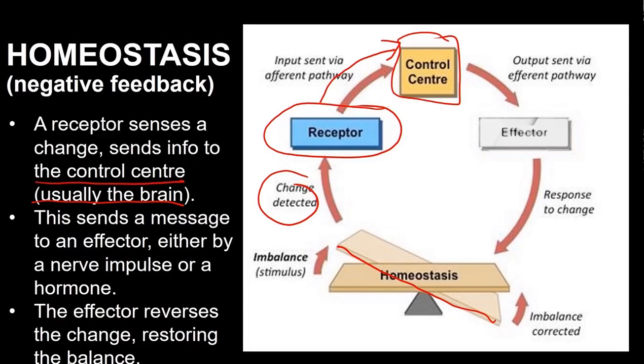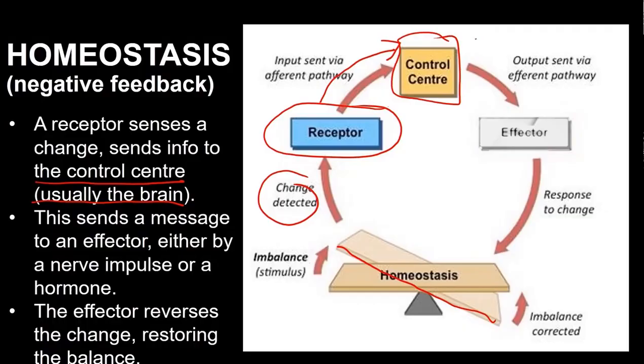The brain will then counteract that problem. If it's too much glucose or too little glucose, the brain will counteract that by sending a message to an effector. And this can be either by a nerve impulse. For example, if you've got too much carbon dioxide in your body, you'll breathe faster, and that's a nerve impulse from your brain.